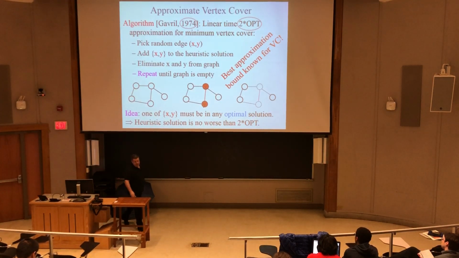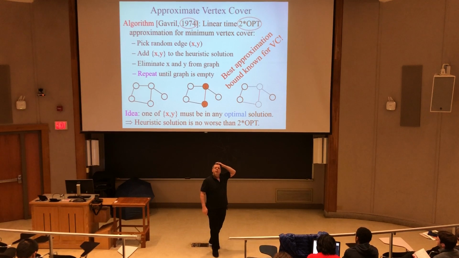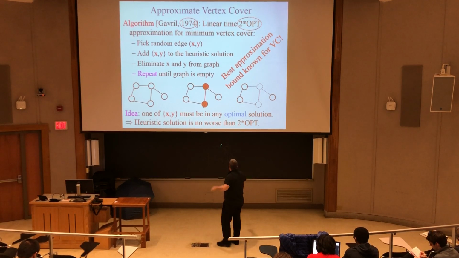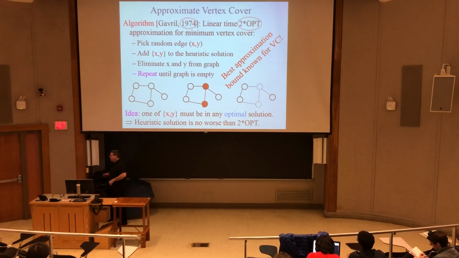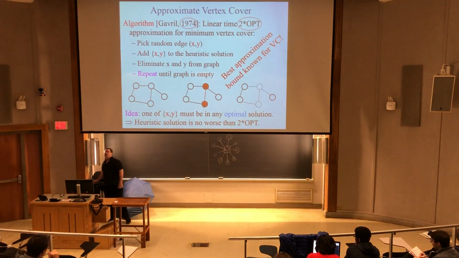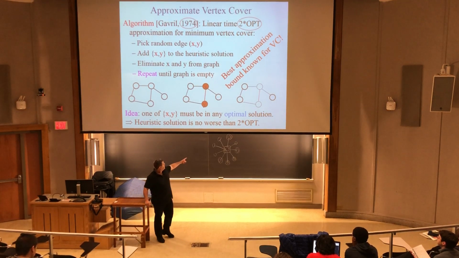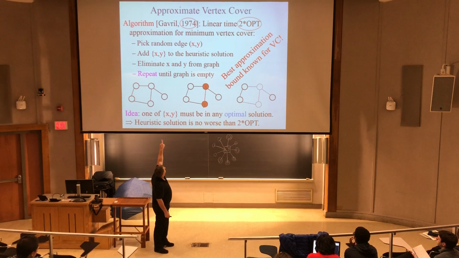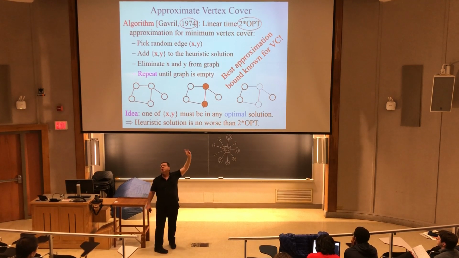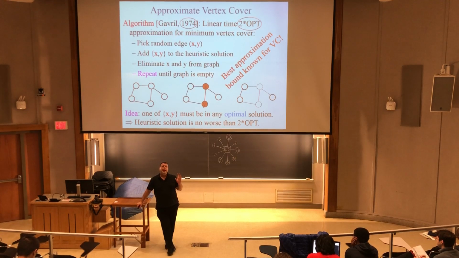Now, if you pick the highest degree node, that's pretty good, but it won't have the 2 times optimal bound. But you may get a better solution when you actually run this than with picking some random edge or even the highest degree edge, the highest degree pair of nodes edge.